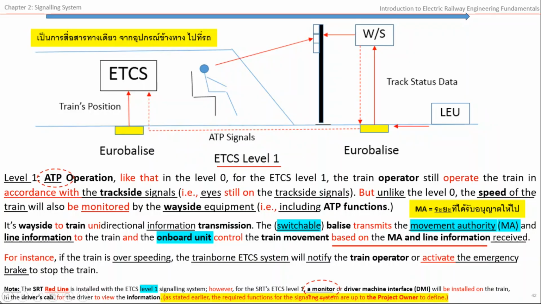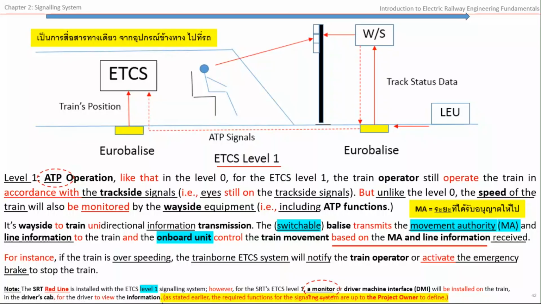But the SRT Red Line in Thailand is also installed with an ETCS level 1 signaling system. However, for the Red Line ETCS system, a monitor, what they call the driver machine interface, DMI, will also be installed on the train in the driver's cab for the driver to view the information.